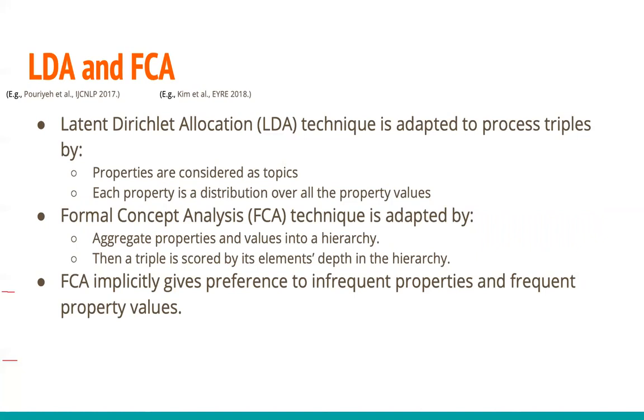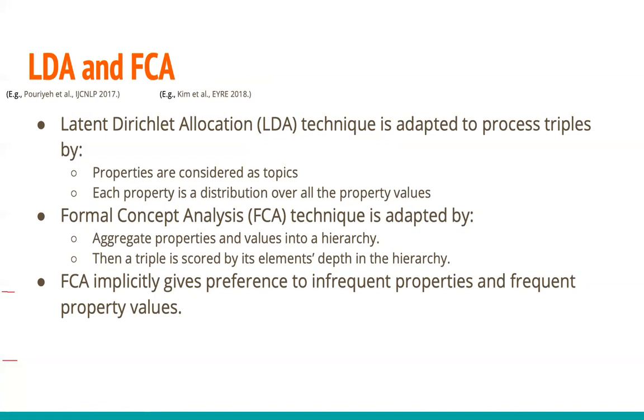So then you take these LDA techniques and use them to rank or get the features. And in formal concept analysis, you try to put properties and values into a hierarchy. Then you measure the element's depth in the hierarchy, and using this formal concept analysis, come up with these features to make up an entity summary.